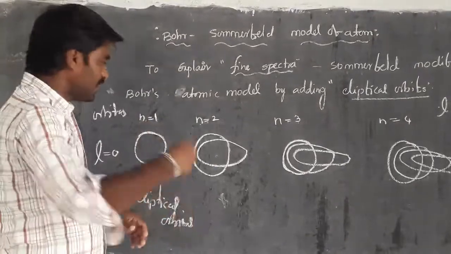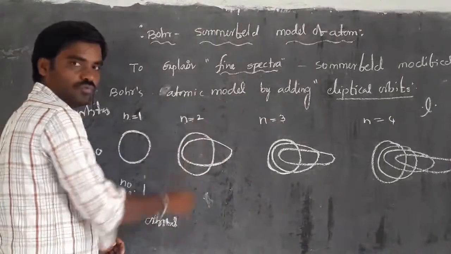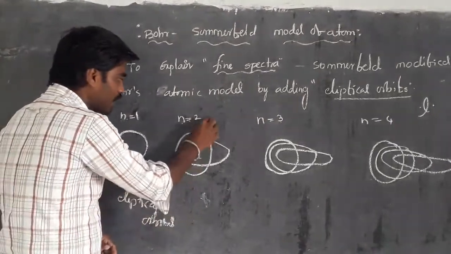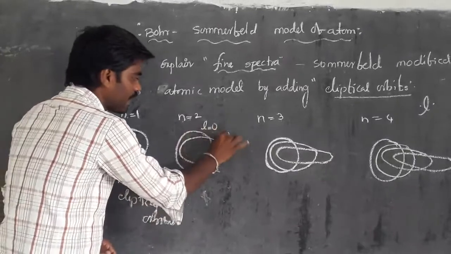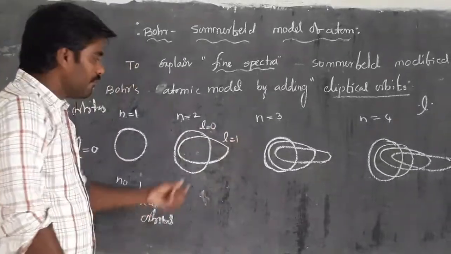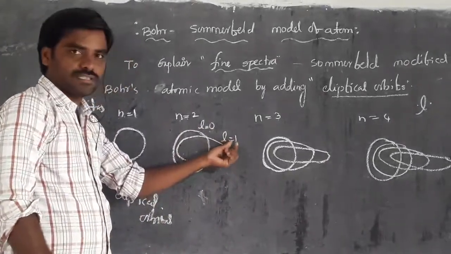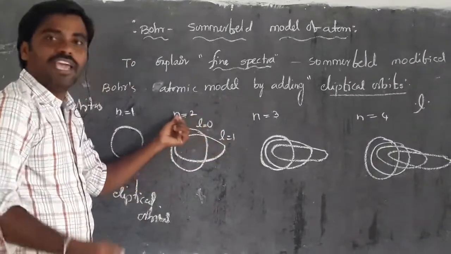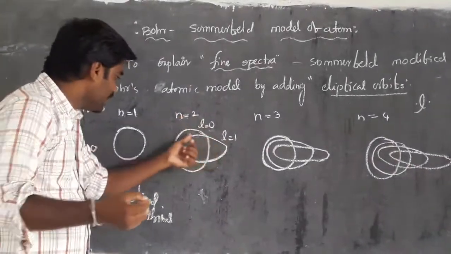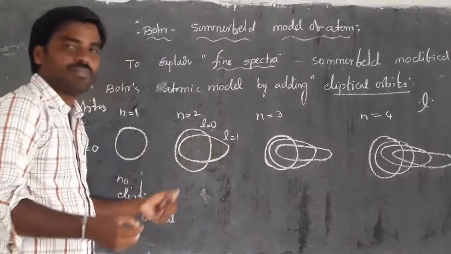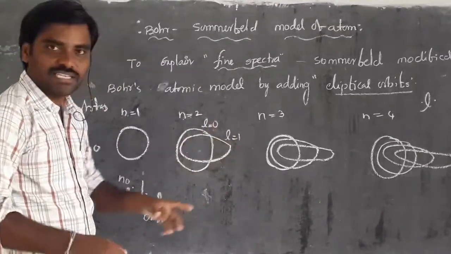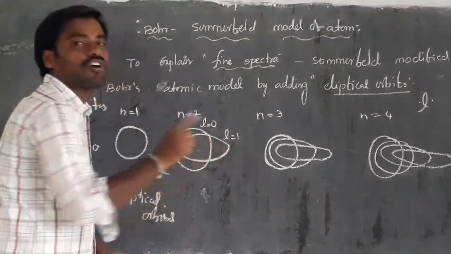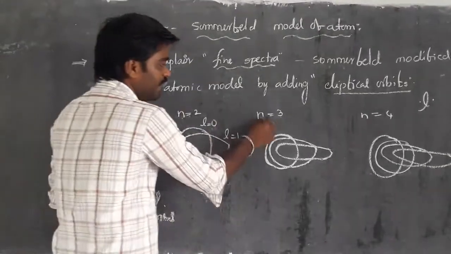Then second thing, here n value is 2. For that, L values can be two things: L is equal to 0 and L is equal to 1. When the L value is nearer to the energy value, that orbit is in a more elliptical shape. Means when values increase, the elliptical nature starts. Then here n value is 3.